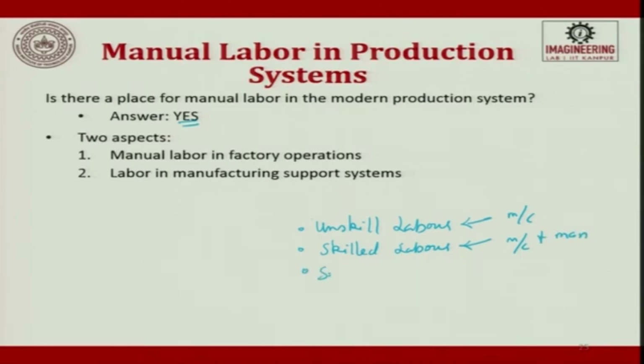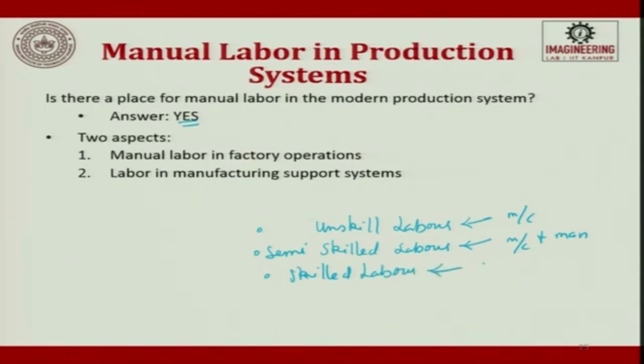So, now there is something called super skilled, or if I want to change this, I can write it as semi skilled. Unskilled, then it can be semi skilled, then it can be skilled labor.